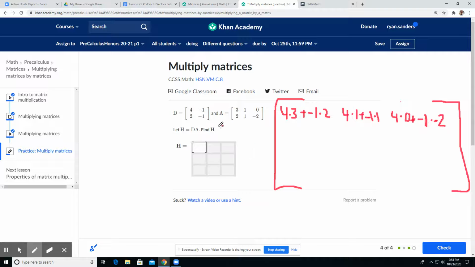All right. Now, going on to the next one, so second row, first column. That's going to be this entry right here. 2 times 3 plus -1 times 2. Next entry, 2 times 1 plus -1 times 1.